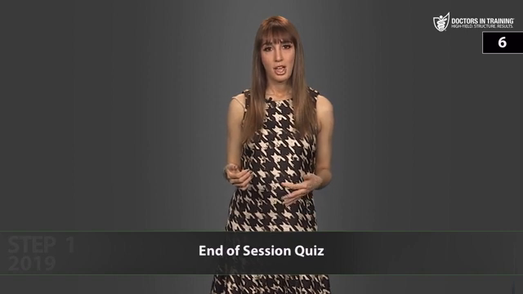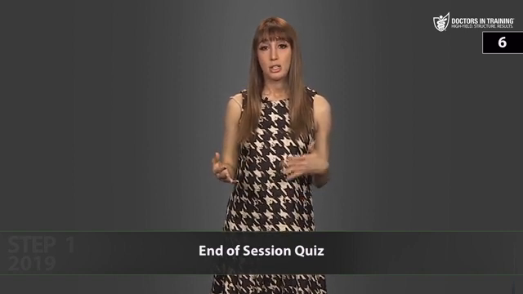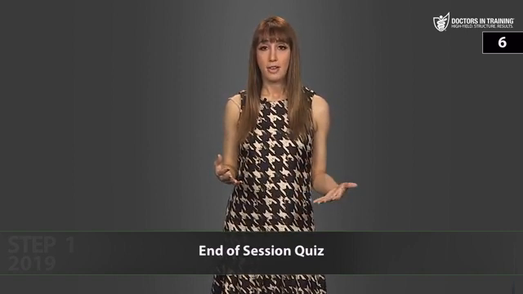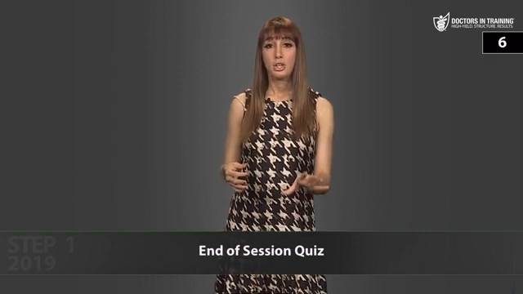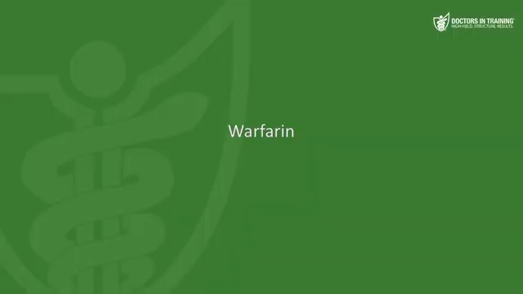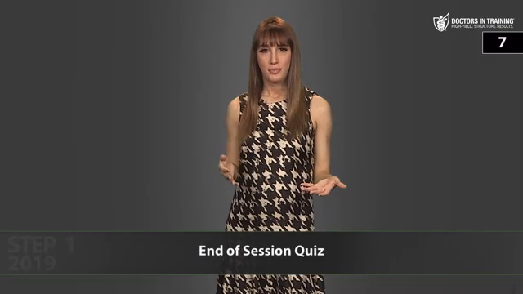Next question. A pregnant woman is diagnosed with a deep venous thrombosis of the left leg. Which anticoagulant is contraindicated during pregnancy? That's warfarin. And which anticoagulant is preferred? That's heparin.